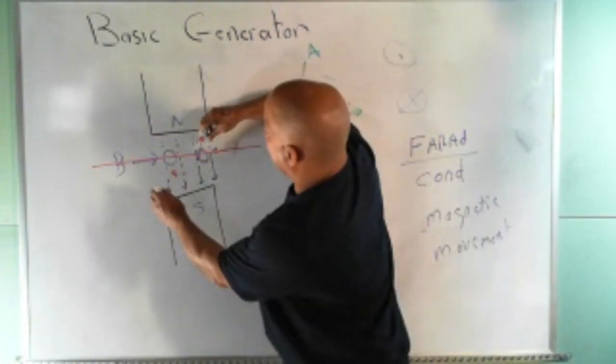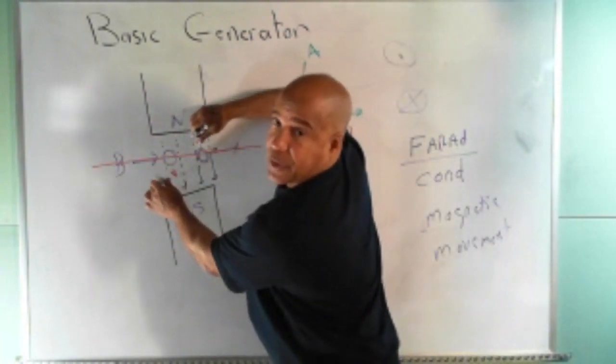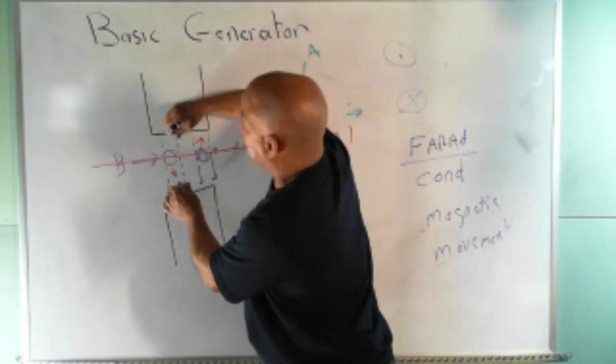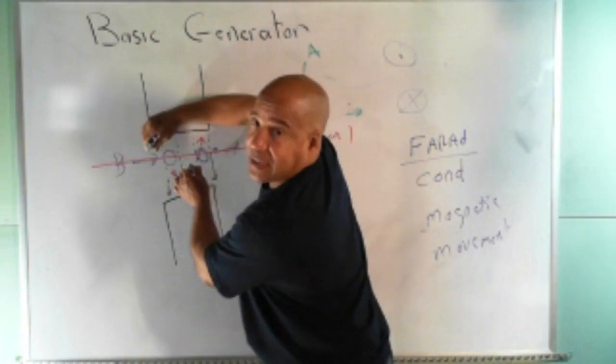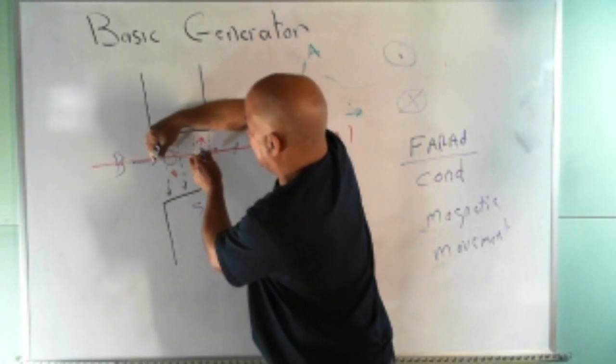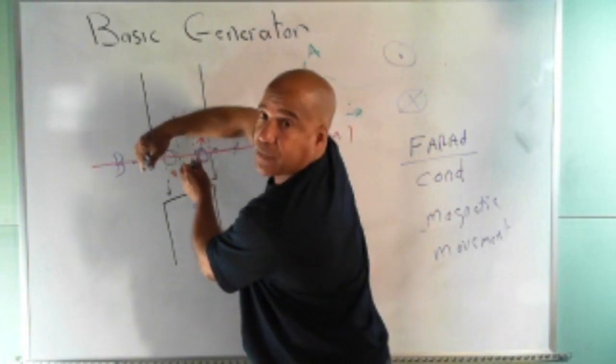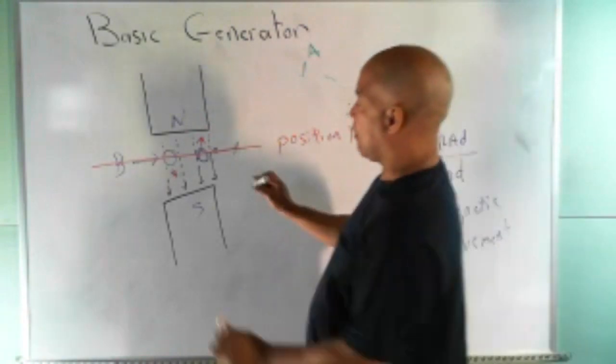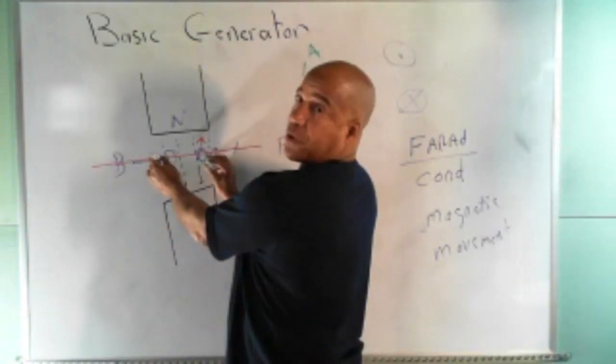As you get up here, maybe 30 degrees, you're cutting more flux. Then at 90 degrees, you're cutting the maximum amount of flux. Then back over here, you're cutting less flux. And when you're back to position 1, you're cutting 0 flux. The force is going to follow that. Right at this position, there's no force.